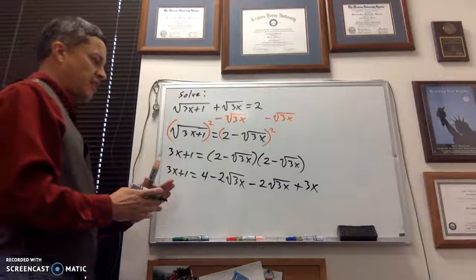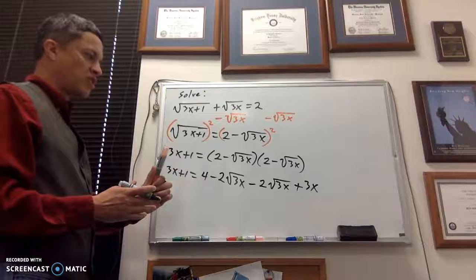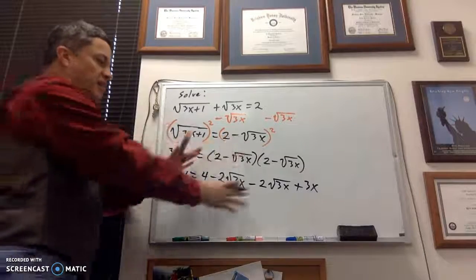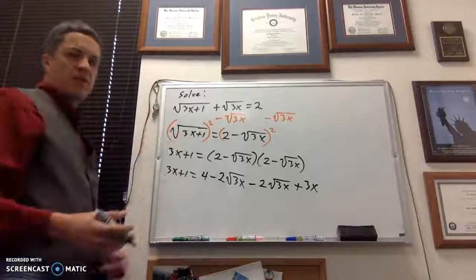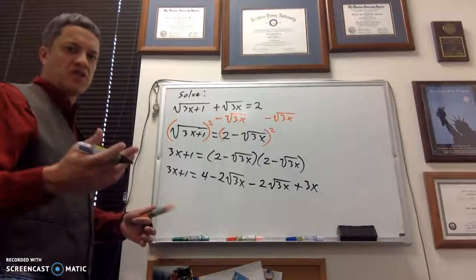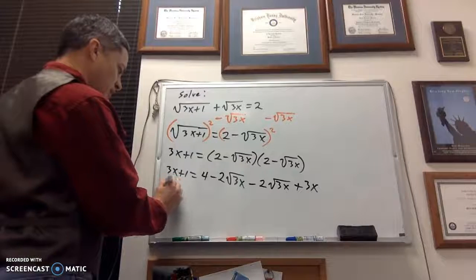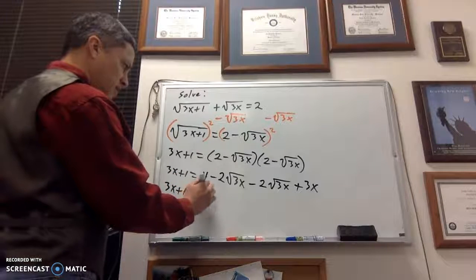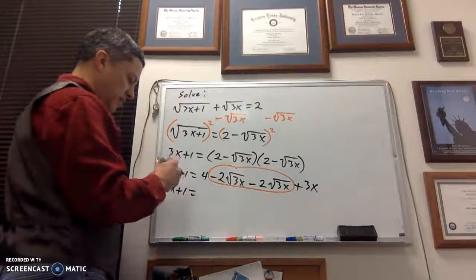Now I'm going to collect like terms, and I'm going to try to get my radical on one side of the equation again, right? Because there's a lot of innocent bystanders now, and Clint Eastwood's not going to be able to just shoot through all these innocent people, or he'll kill innocent bystanders. He needs to isolate for the guy with the guns here. So let's combine the guys with the guns, get them together here.